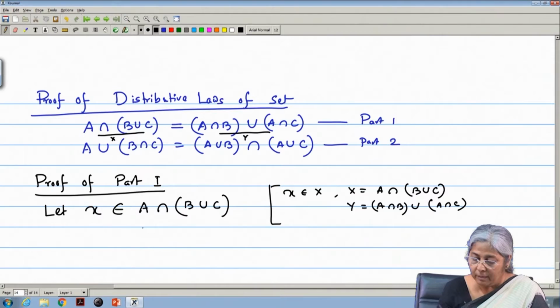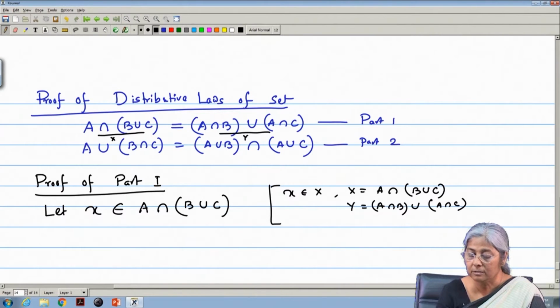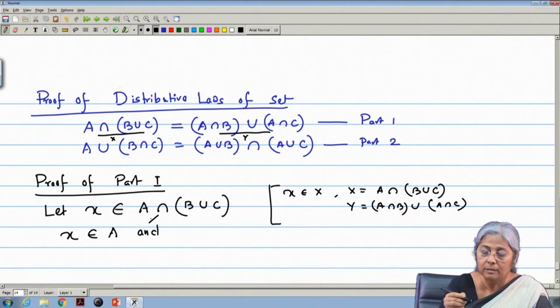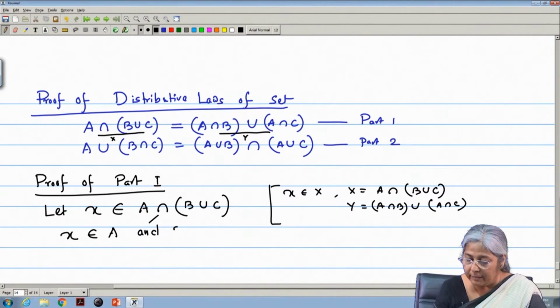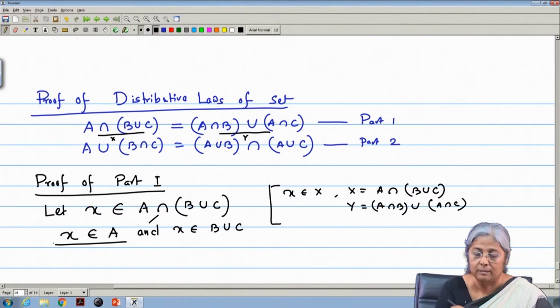Okay. So, what does it mean physically that x belongs to A intersection B union C? From the definition of intersection and union, since it is an intersection, that means x belongs to A and x belongs to B union C. So, x belongs to A, this is constant, I take this is always there.